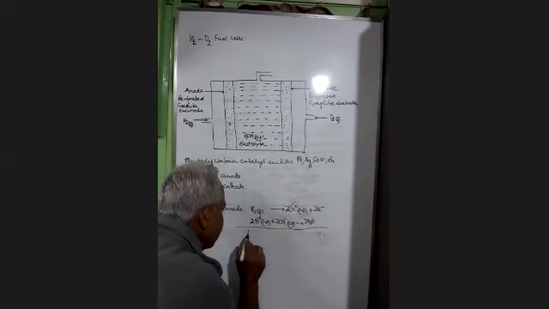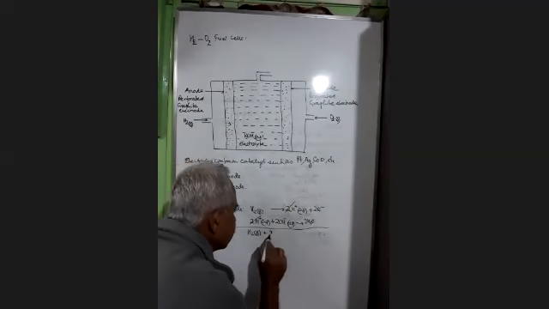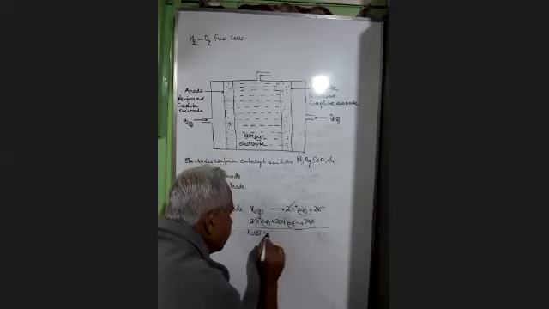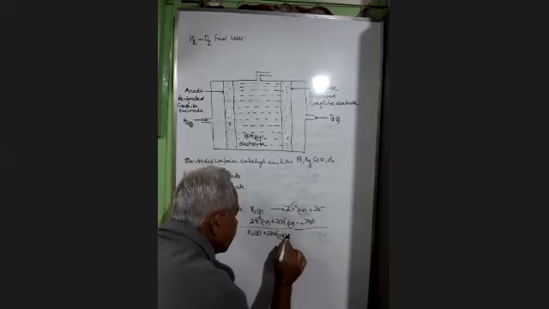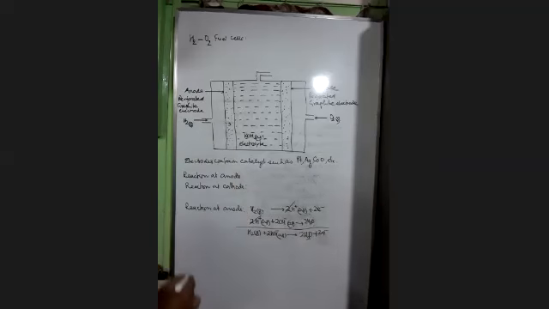It will be H2 gas plus 2OH minus aqueous. It will give you 2H2O plus 2 electron.